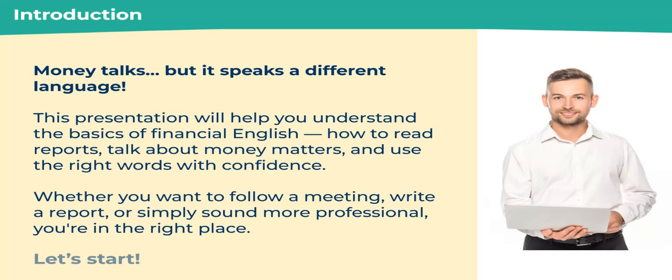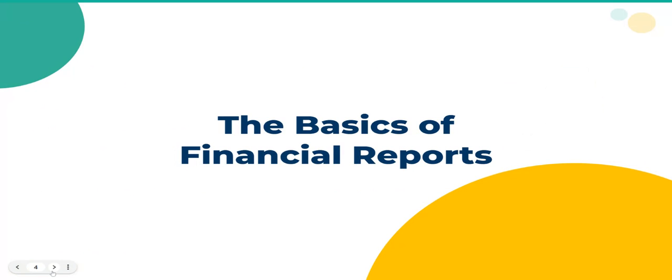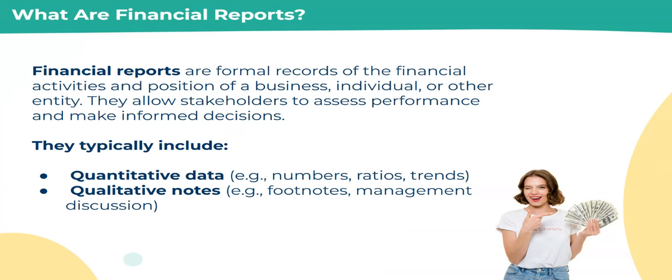Okay, so let's have a look then at our first part, the basics of financial reports. So what are financial reports? Financial reports are formal records of the financial activities and position of a business, individual or other entity.